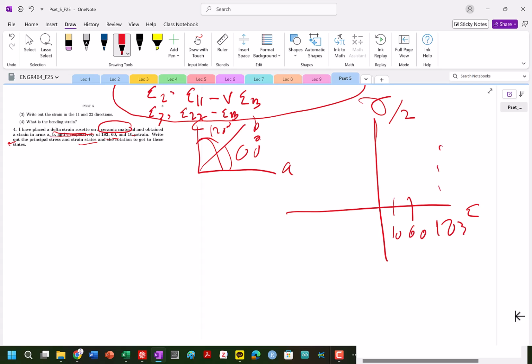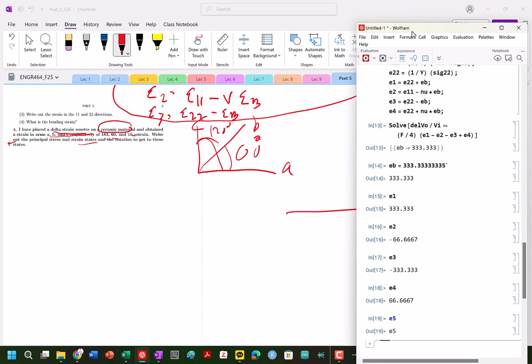I like to look in this direction. We're going to calculate C. We need our R, and we need this angle 2 theta. So I'm going to orient my system as such.